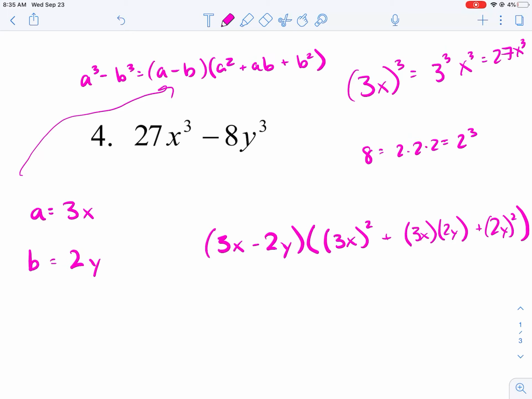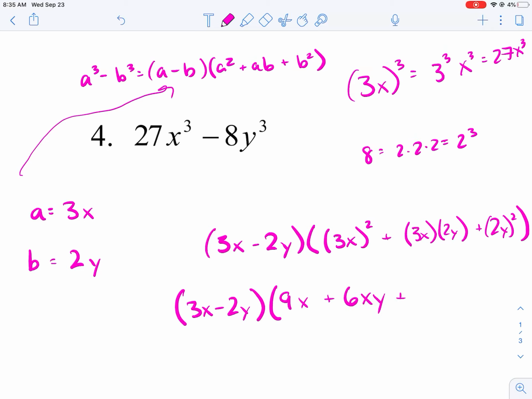Now it might seem a little messy, and maybe you're like, well, I can just do this math in my head. You can, but just be aware that you've got to account for all those squares in there. So 3 squared is going to be 9. X squared is just x squared. 3 times 2 is going to be 6, then just xy.